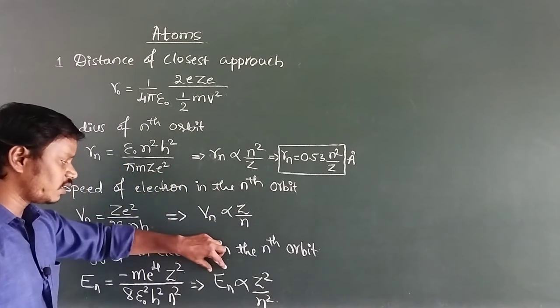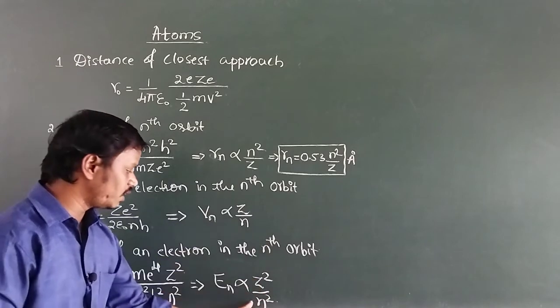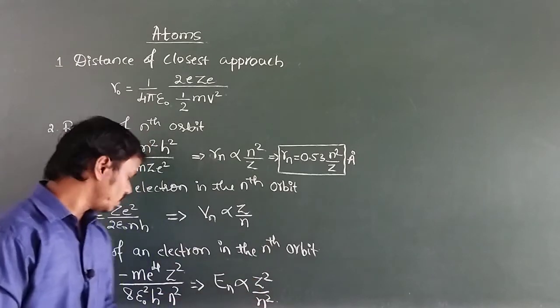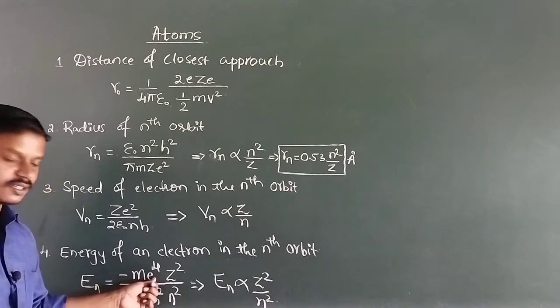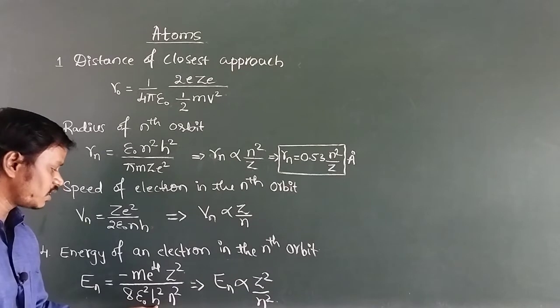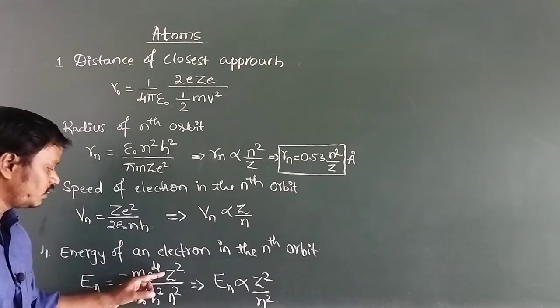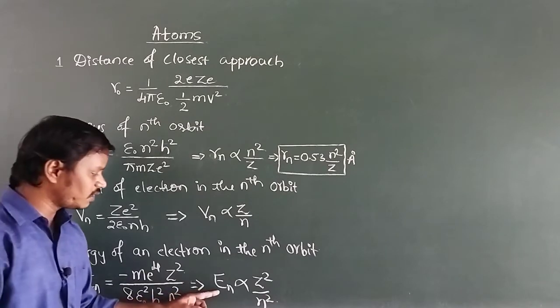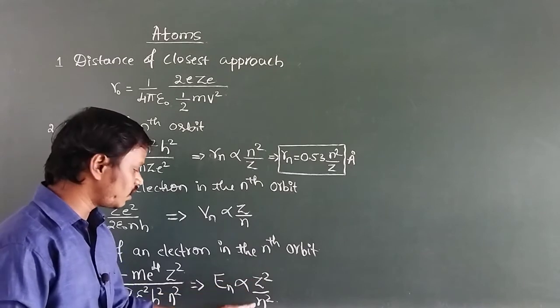Here m is mass of the electron, e is charge on the electron, epsilon naught is absolute permittivity, and h is Planck's constant. These all are constants, so the only variable things are z and n. That is why the energy of the electron in the nth orbit is directly proportional to z square and inversely proportional to n square.